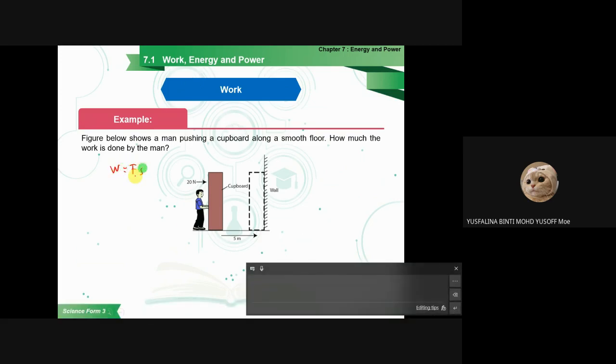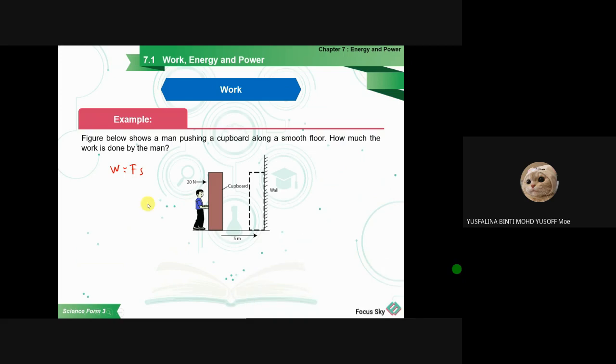This one I think is no problem because the direction of the force is in a straight line like that. Later I will show you the proof of why I say F cos theta. That one is wrong. So if you already have the notes, maybe you have printed them, please do a correction.